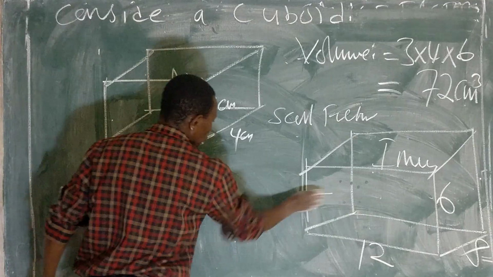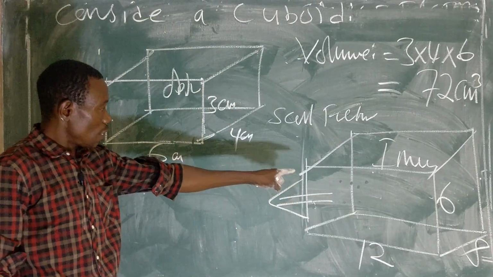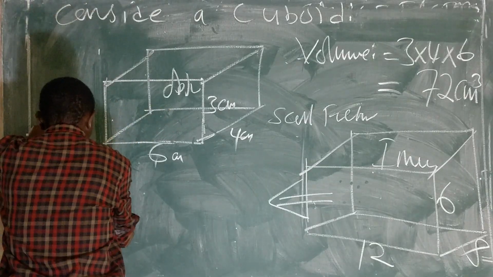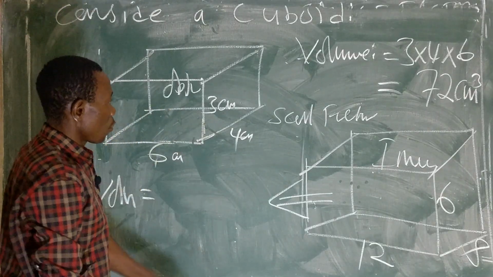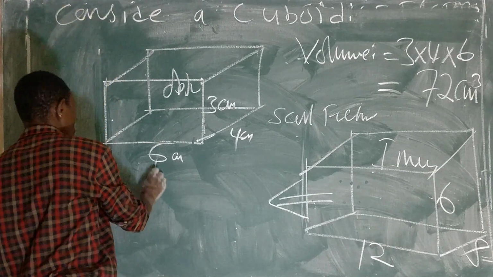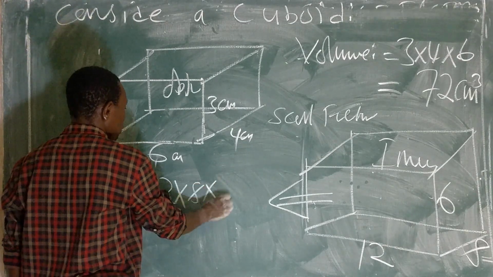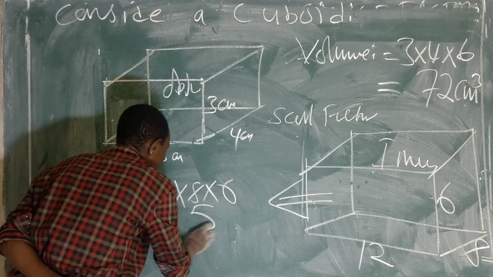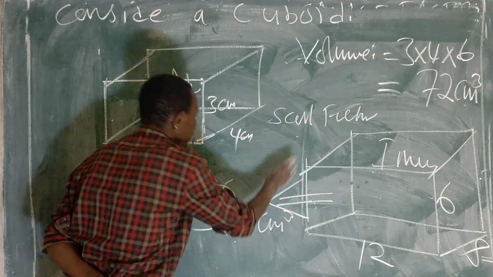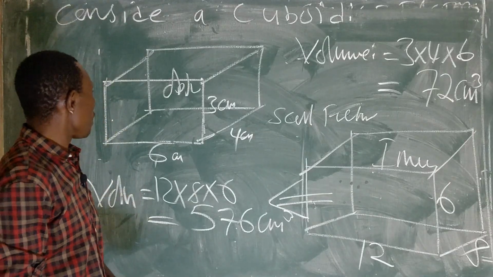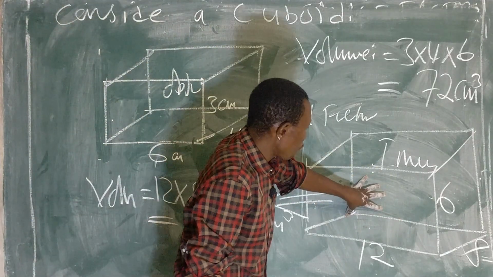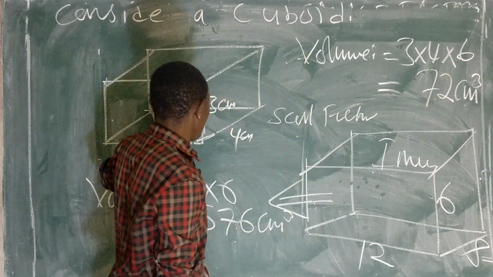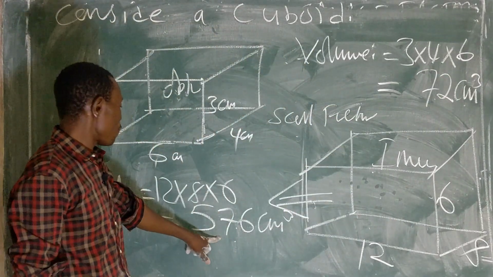Now let's work out the volume again for this figure, the result of the enlargement. We use the same formula: 12 times 8 times 6, which gives 576 cubic centimeters. So we have two similar figures: the first has a volume of 72, and the other has a volume of 576.